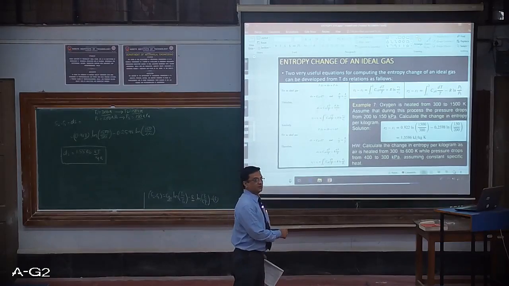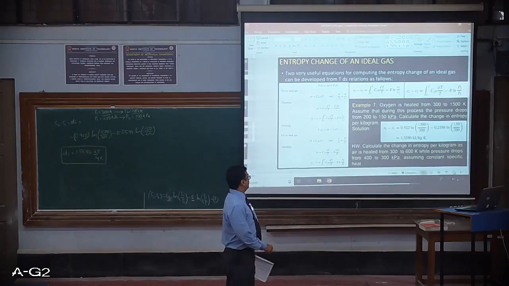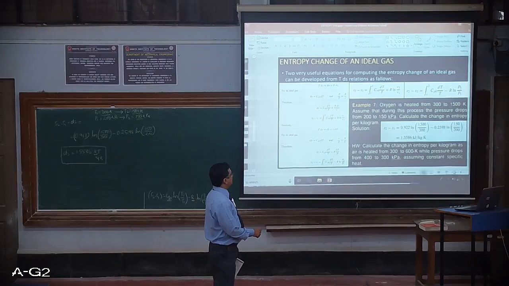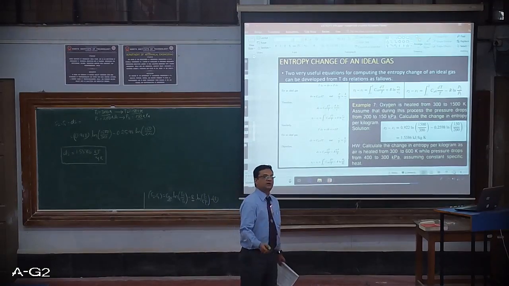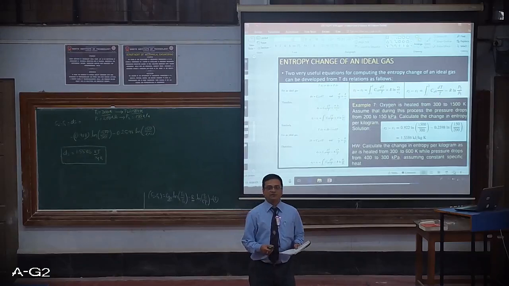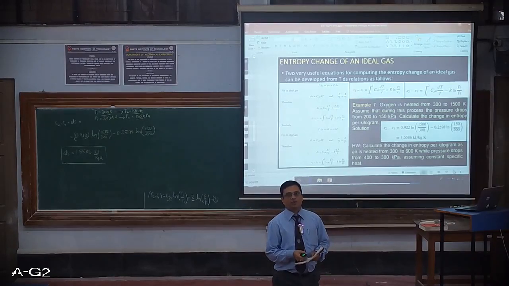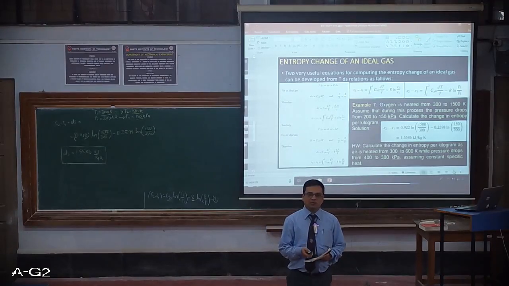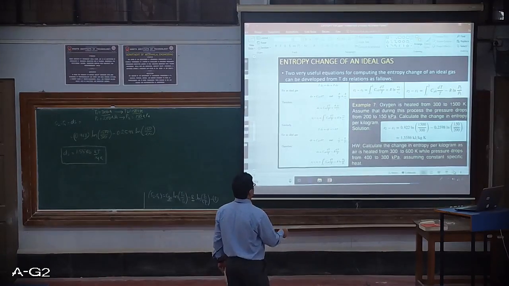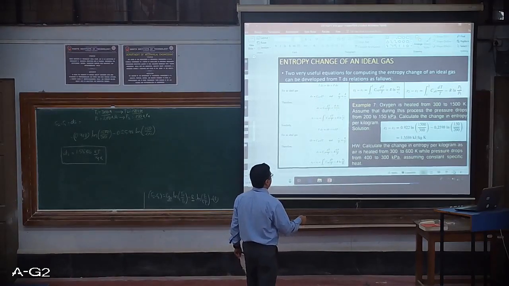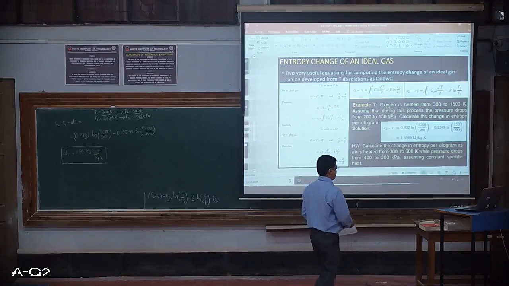Okay, so instead of oxygen I have taken air, which is heated from 300 to 600 Kelvin while pressure drops from 400 to 300 kilopascal. Exactly on the same line, but referring to a different ideal gas. It's just a practice for you on how to refer from the property tables the values of CPO and the value of R for air, and then substitute in the same equation and get the value of entropy change.